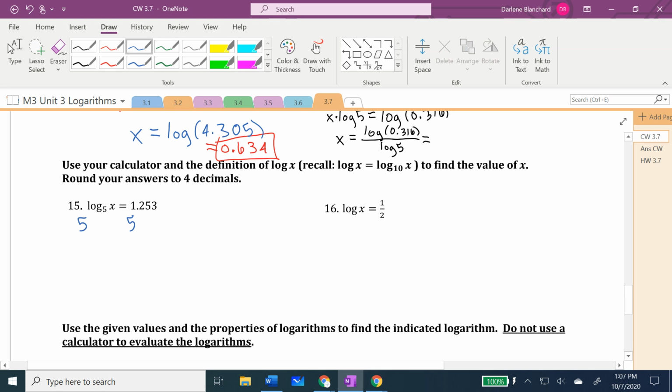When you 5 to the power both sides, the 5 and the log base 5 cancel each other, and you just need to use your calculator to find 5 to the power of 1.253. On 16, because it's an understood base 10, you can quickly just go, hey, 10 to the power of both sides, and then go, oh, hey, what's 10 to the power of 1/2? And let your calculator find those numbers.